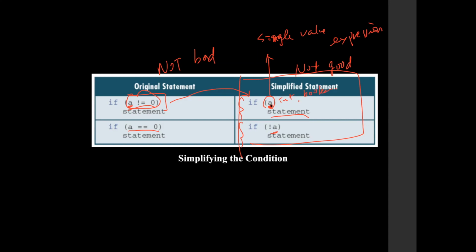So what is A? Well, A is going to give you a value. If this value is not 0, then this is going to be true. So if A has a value in it other than 0, then this statement is evaluated. If A is 0, then this statement is not going to be evaluated, because 0 evaluates to false.